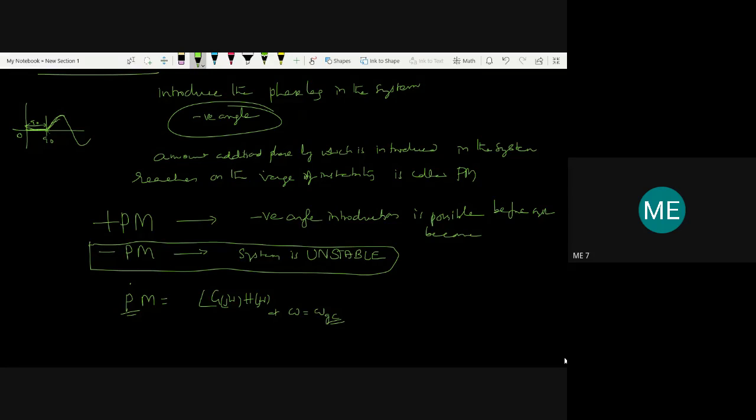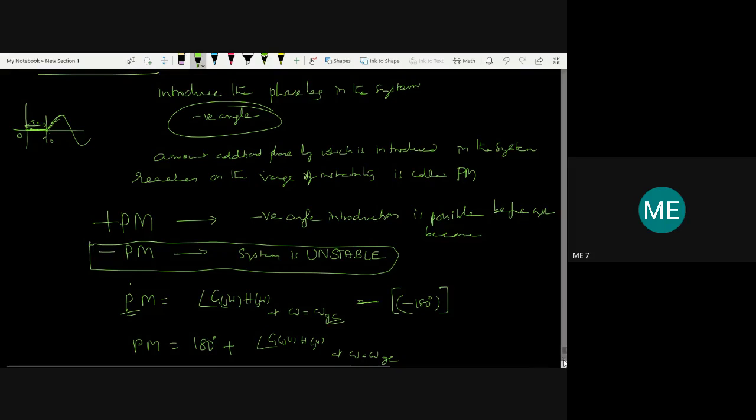And of course, minus of the negative angle needs to be introduced, right? So minus 180 degrees. This is written as phase margin is equal to 180 degrees plus angle of G(jω)H(jω) at ω equal to ω_GC. So this is the phase angle calculation.